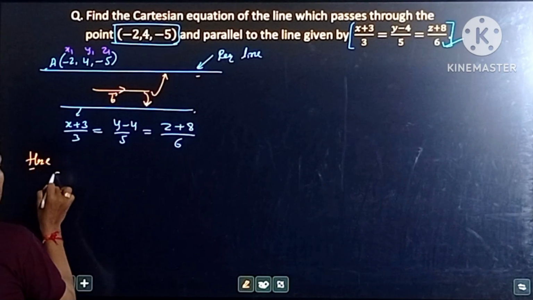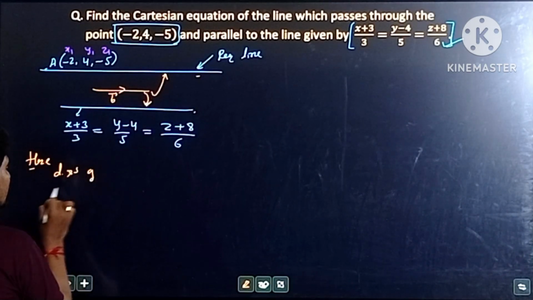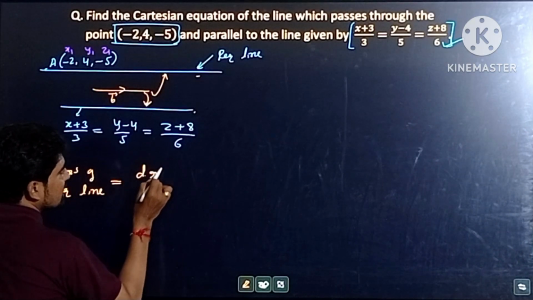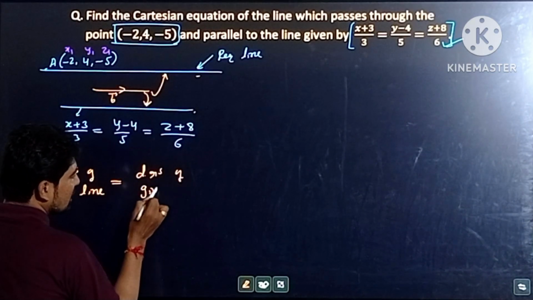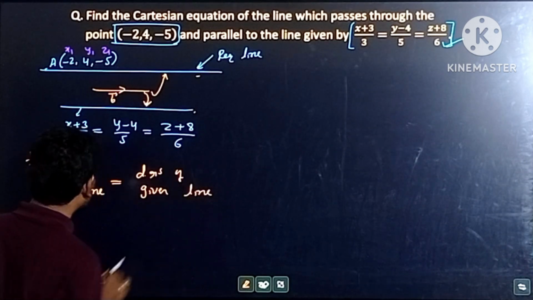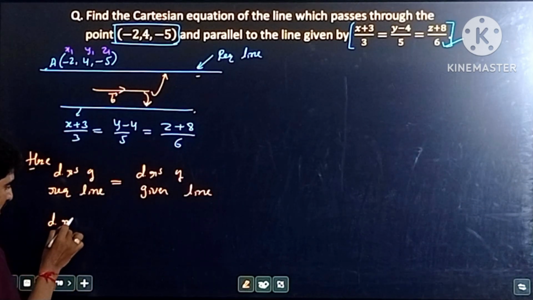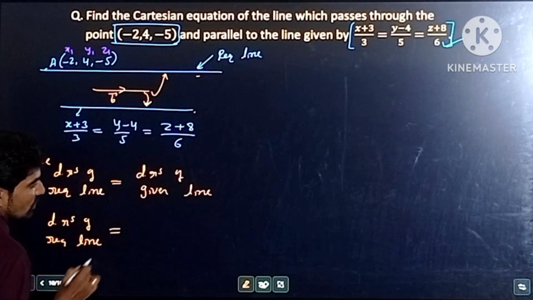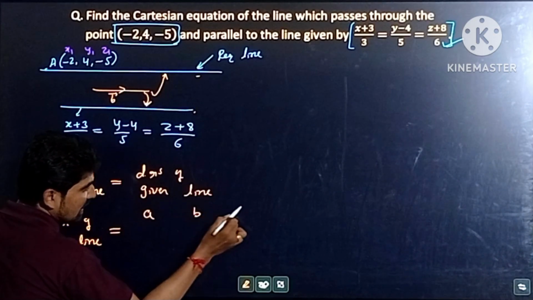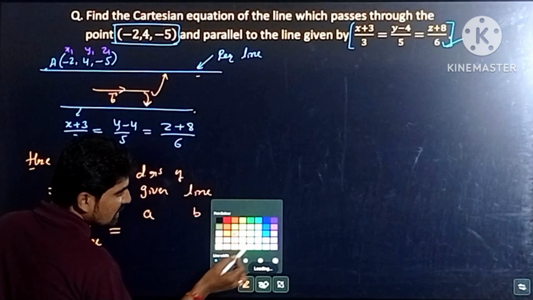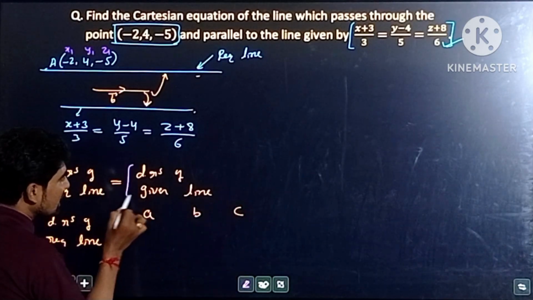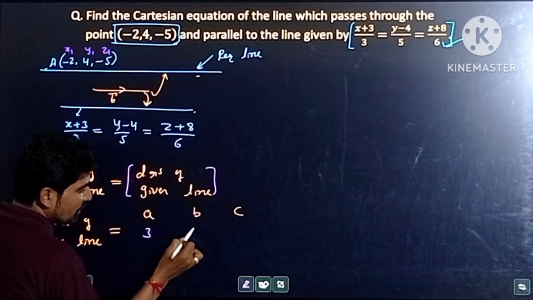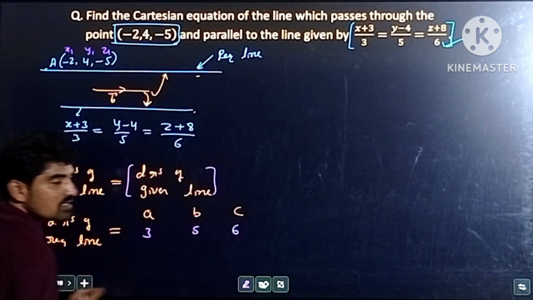Here the direction ratios of the required line are equal to the direction ratios of the given line. Therefore, the direction ratios of the required line are A, B and C, where the value of A is 3, the value of B is 5 and the value of C is 6.